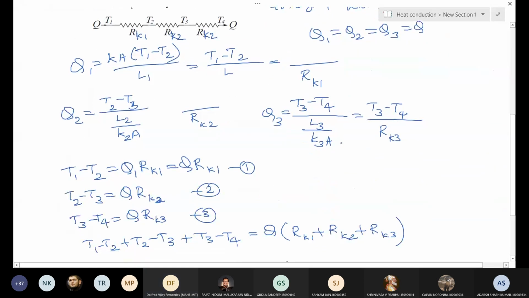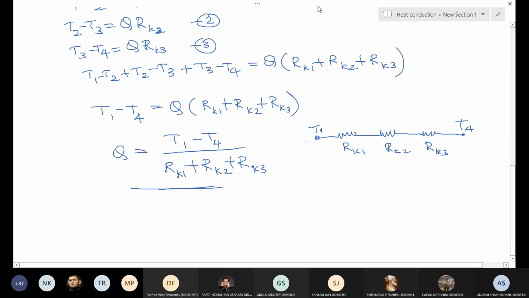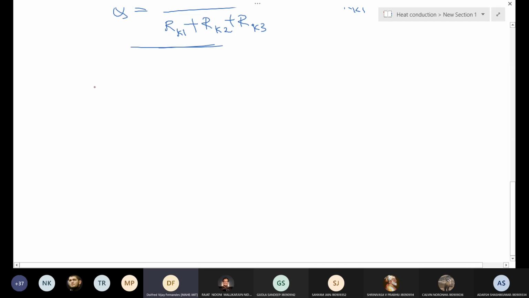For example, let's say I have a first wall, then the second wall, and the third wall with the same thickness as the second wall. And there's one more wall.